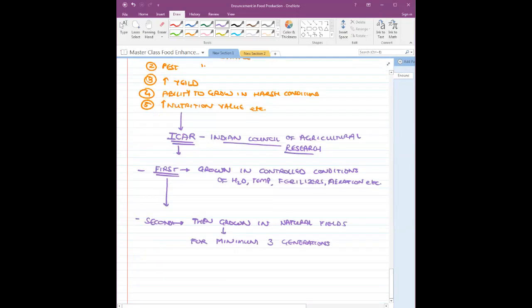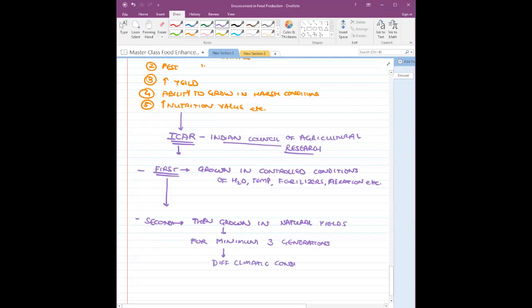Okay, and now if you have passed this test, then what is going to happen, guys? First of all, three generations in natural fields, plus you are also going to grow this in different climatic conditions. So all this has to be done.